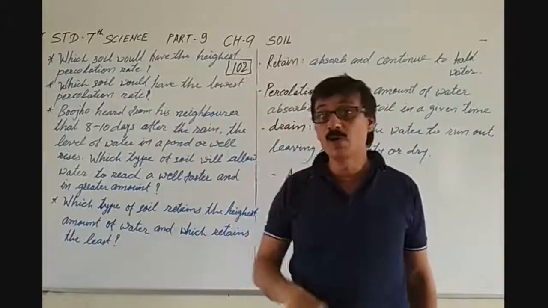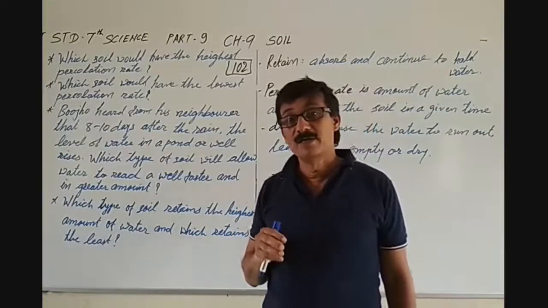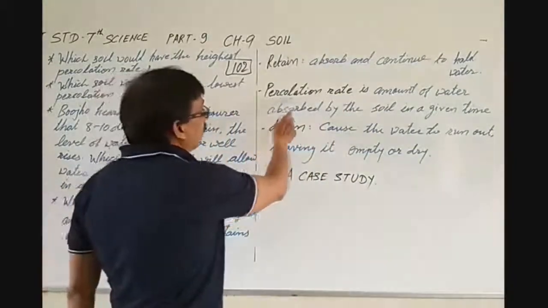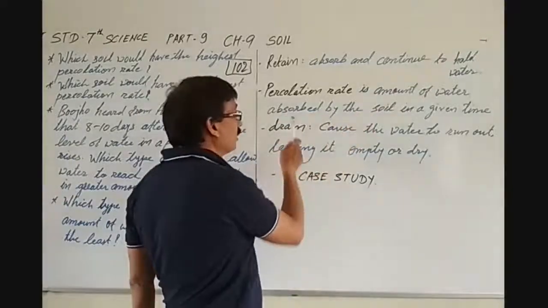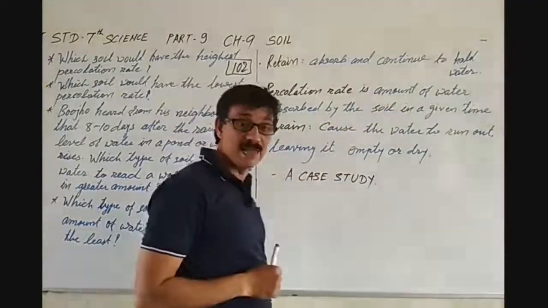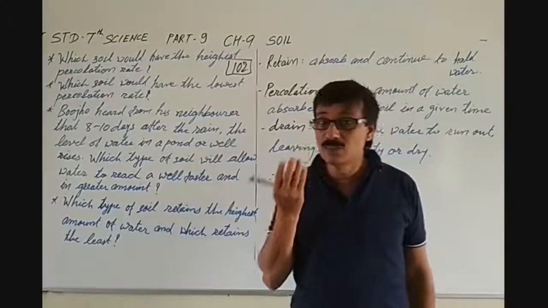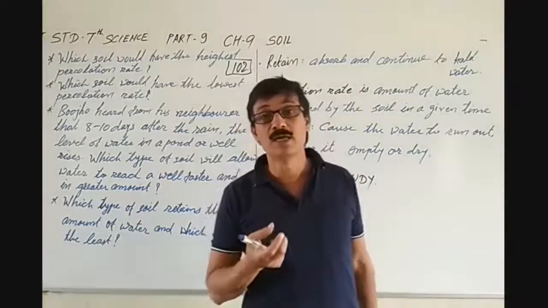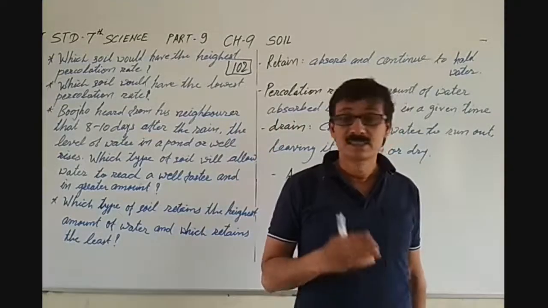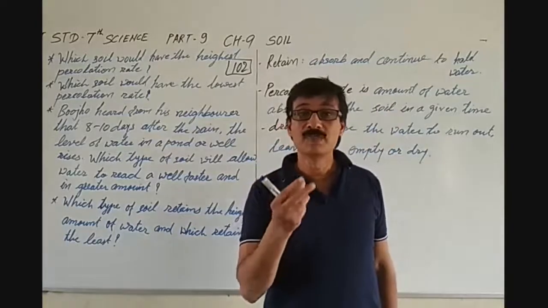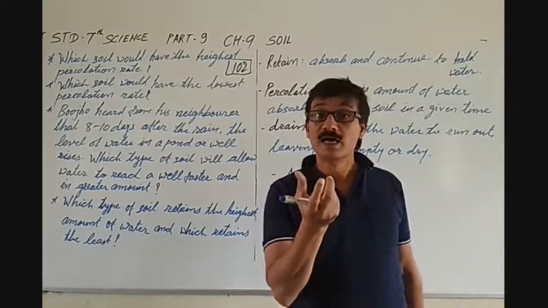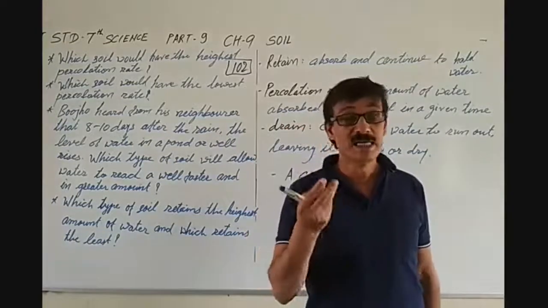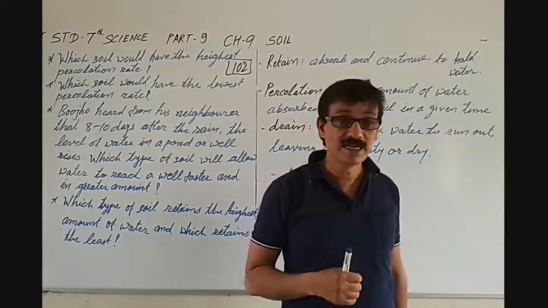Now, first of all, do you know what is percolation? Okay. If you don't know, then look over here. See, percolation rate is the amount of water absorbed by the soil in a given time. Now, let me ask you in another way: which soil can absorb the water quickly? The soil that can absorb more water within a given time obviously has a higher percolation rate, isn't it?